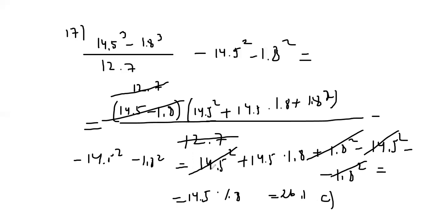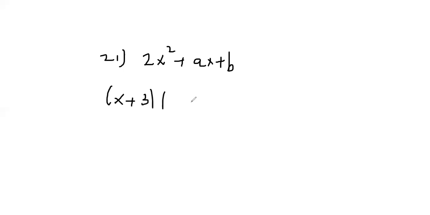On this page, we have just two more exercises. 21. We are given such an expression: 2x squared plus ax plus b, and we need to find a times b, given that this is correct.